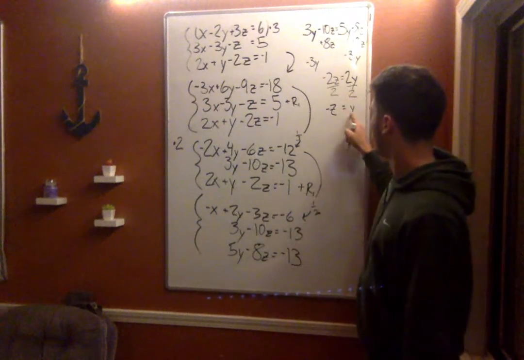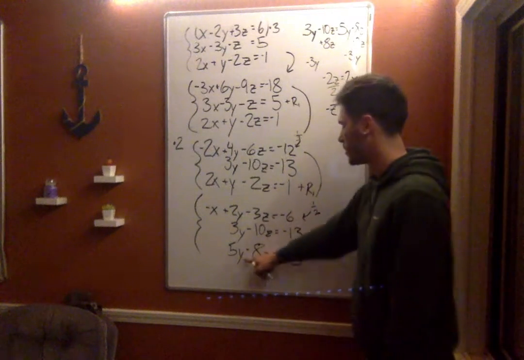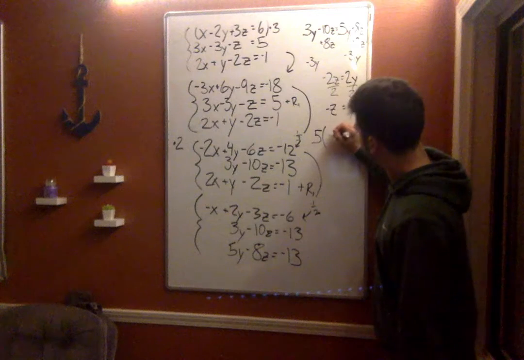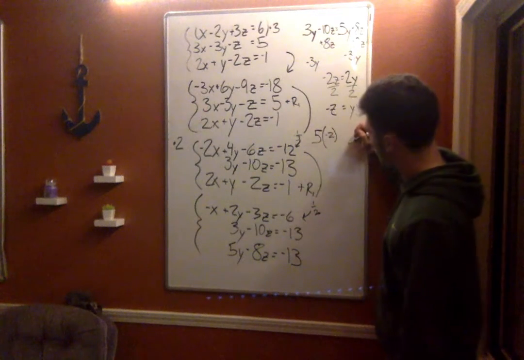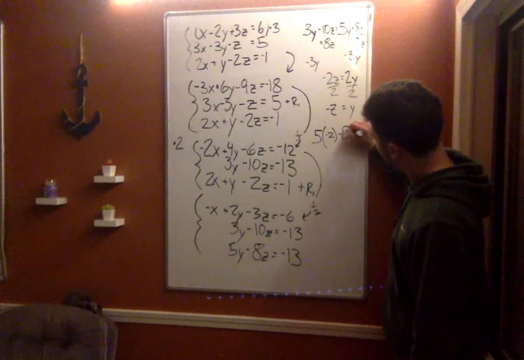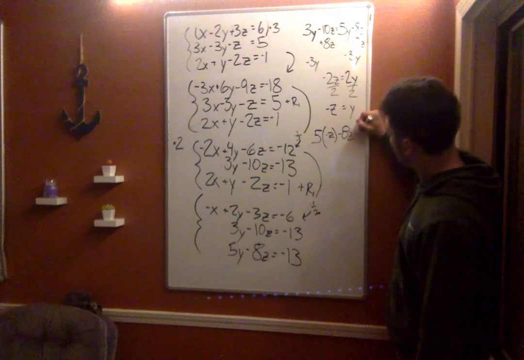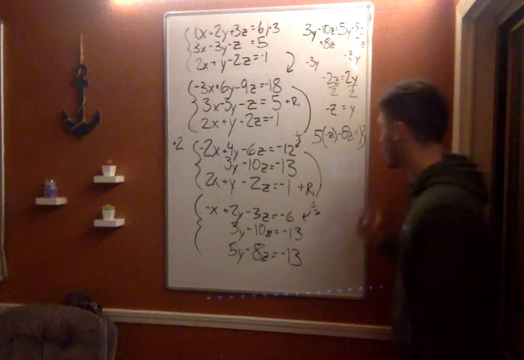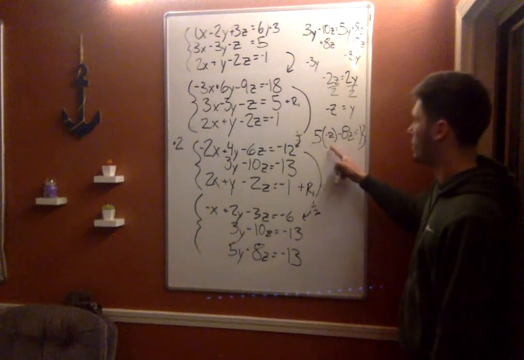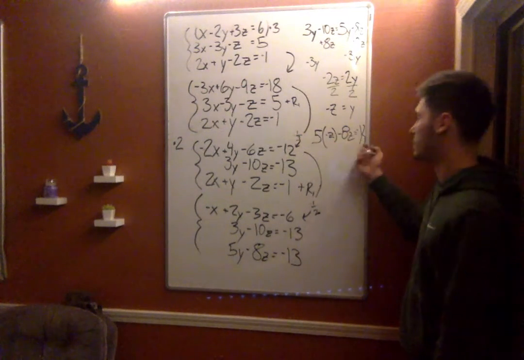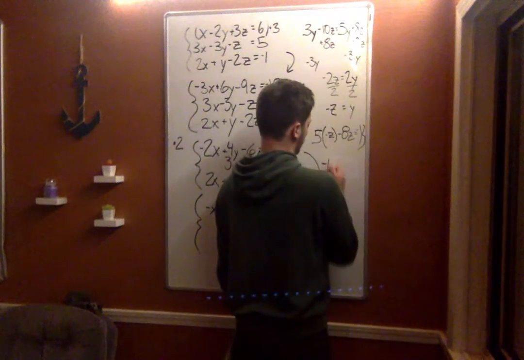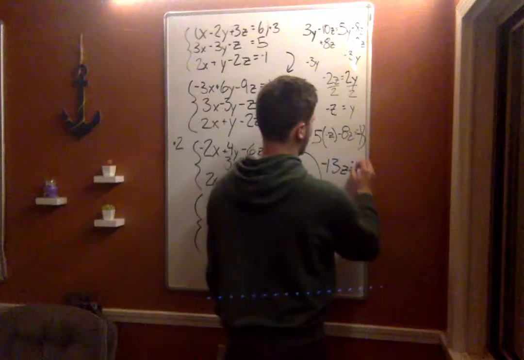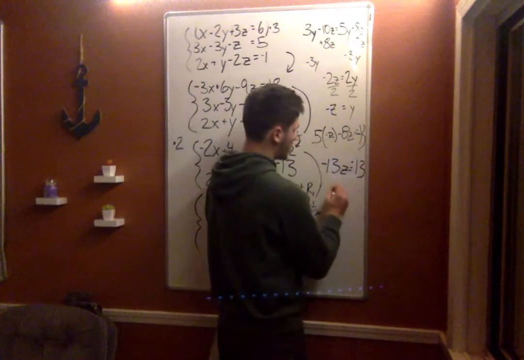If we know that y equals negative z, this equation becomes 5 times negative z minus 8z equals negative 13. Forgive me there, that's negative 13. And so we know that negative 5z and negative 8z equal what? Negative 13z. And that's equal to negative 13. So we know that z equals 1.